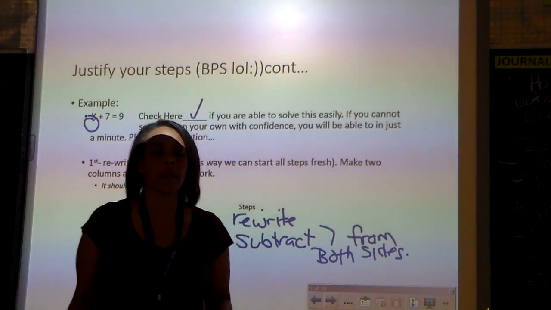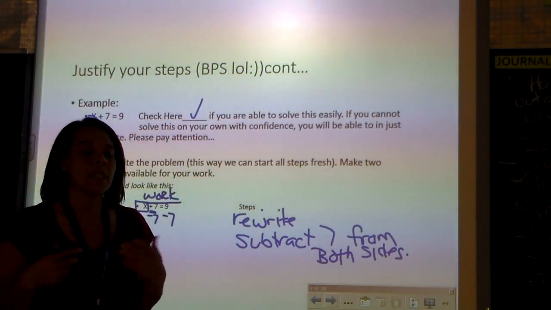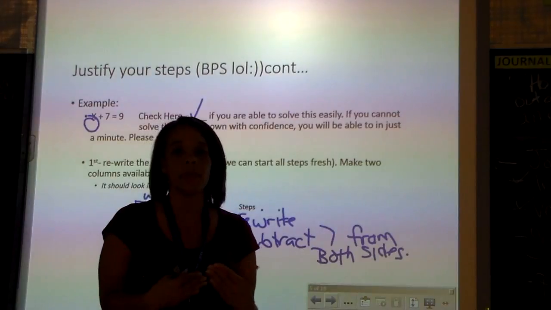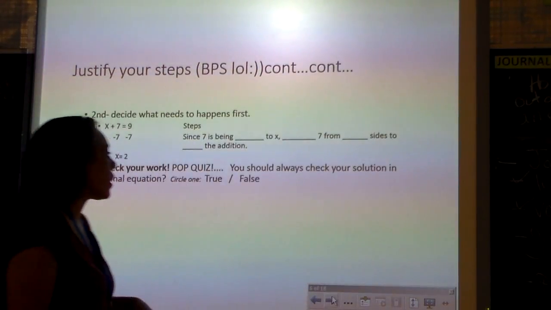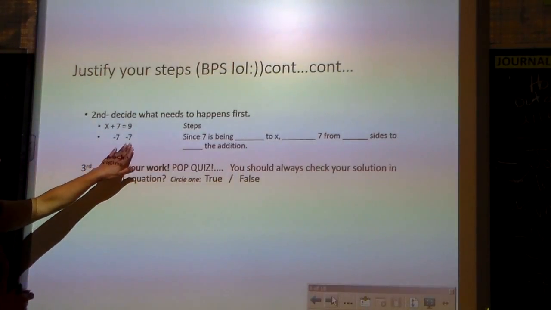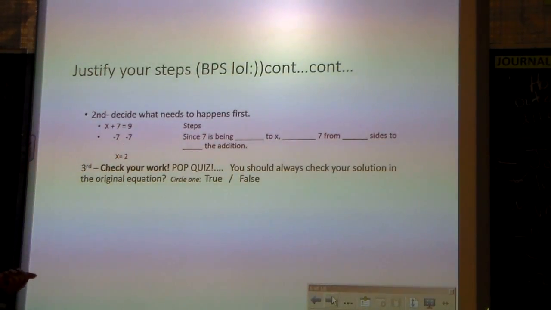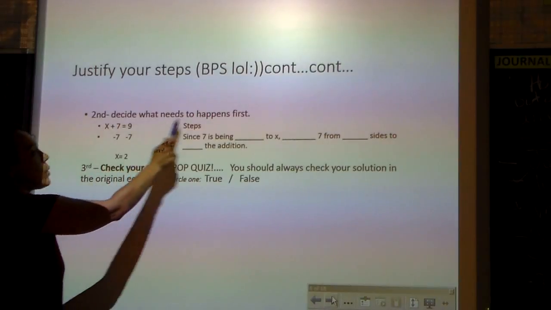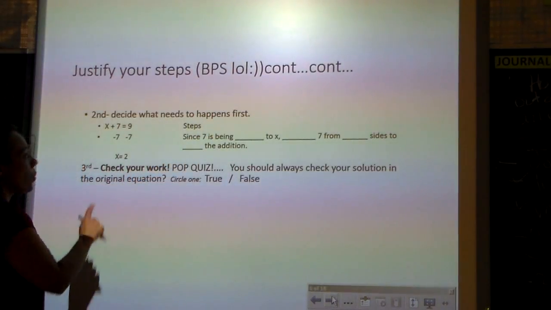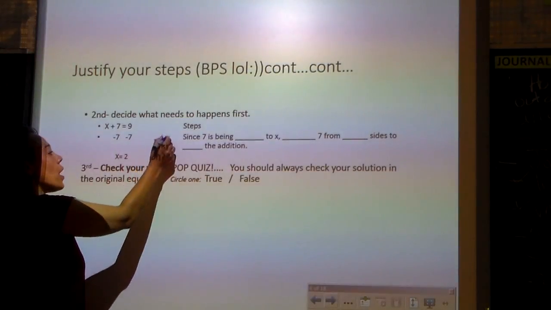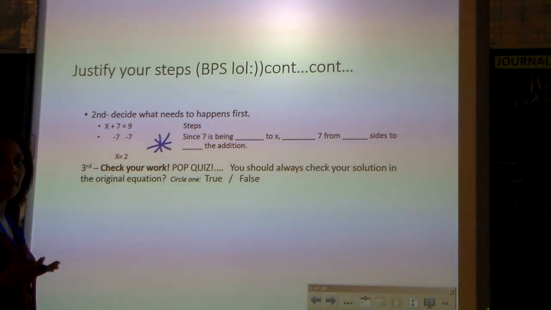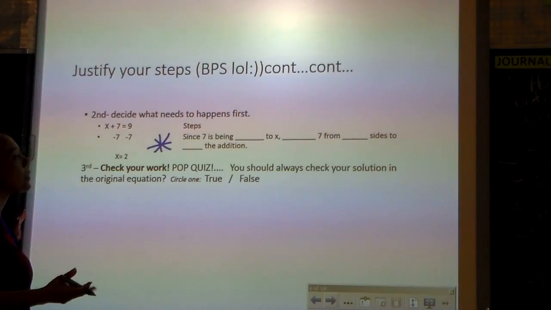But I want to do something called attend to precision. It means I want to make sure you know the proper vocabulary and ways to state the math. So when I go to my next one, I see here what I just modeled in the previous screen. Decide what needs to happen first. Well, I had to subtract 7. But here's the proper way to state that and the way you'll see in your paperwork.